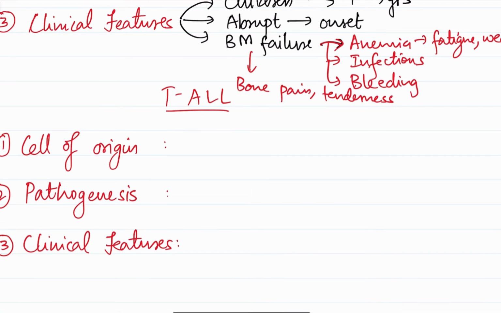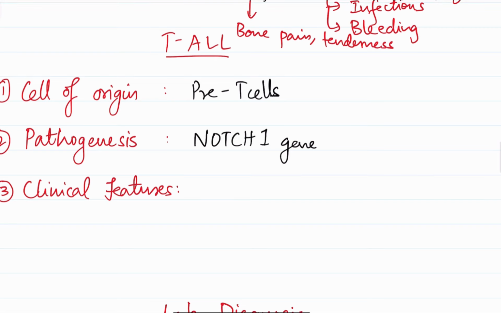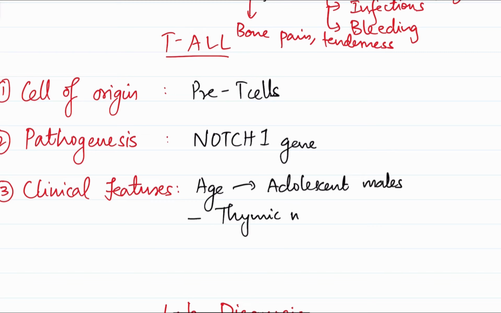Now coming to T-ALL, the cell of origin is a precursor T cell. The mutations involved are both chromosomal translocations and mutations in the Notch1 gene. It's common, but not very important, as I said earlier. Now coming to the clinical features. It usually affects adolescent males, and the presentation is usually as a thymic mass.